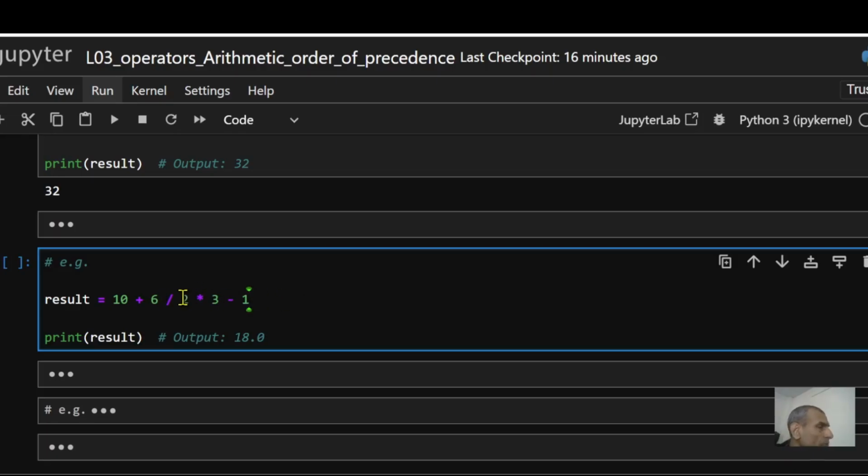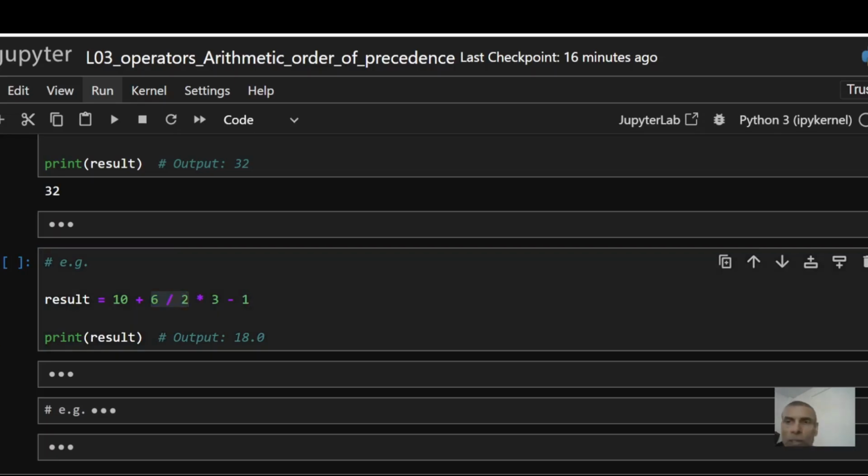So your multiplication and division are going to be evaluated from left to right. So let's do this one first. So 6 divided by 2. Let me use marker. You can see that. So in this case, this expression will become 3 because 6 divided by 2 is 3. And this is your times 3 minus 1. And this is plus 10.